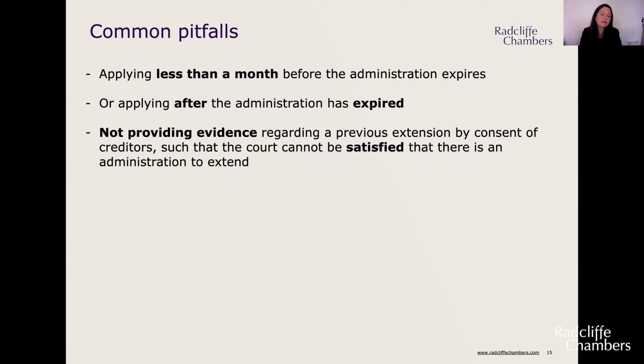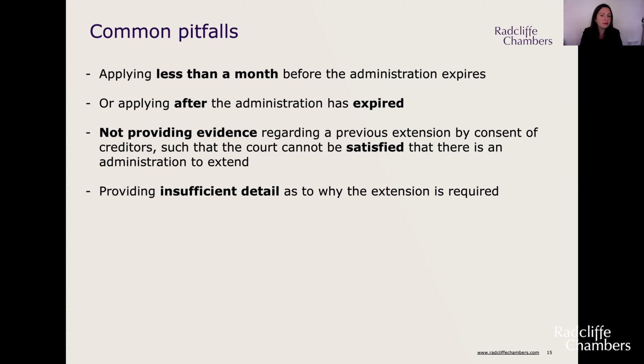The court needs to be satisfied of the things that I've set out, the Nortel guidance, and more generally that this is an appropriate case to extend the administration. Firstly, that includes evidence of any previous extensions, as I've already set out, but also the detail of why the extension is required.